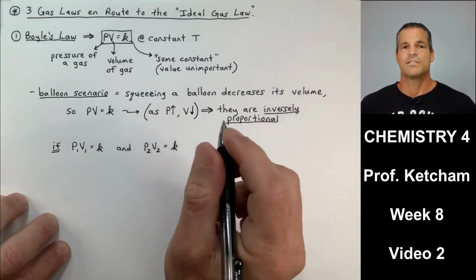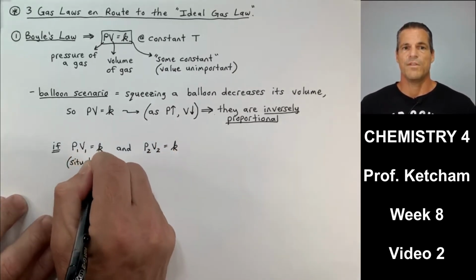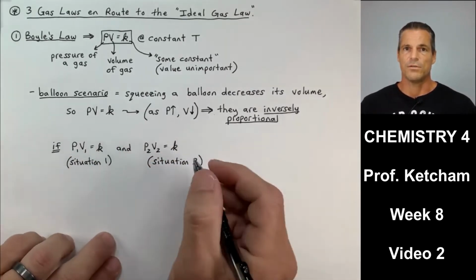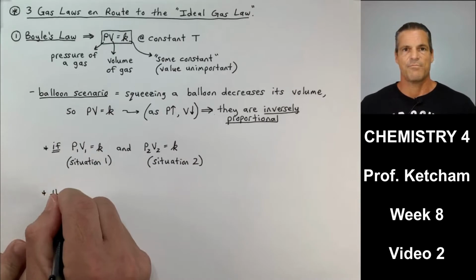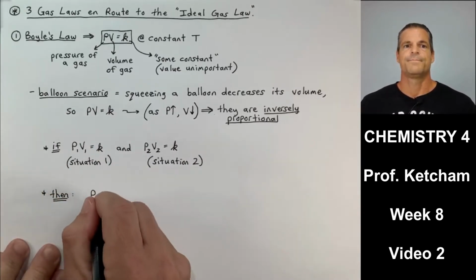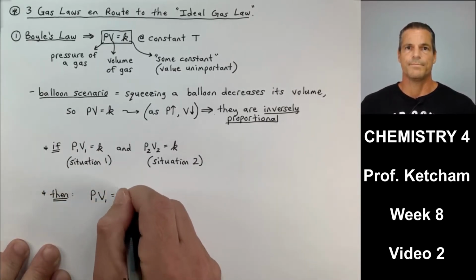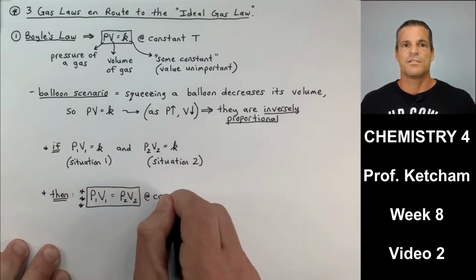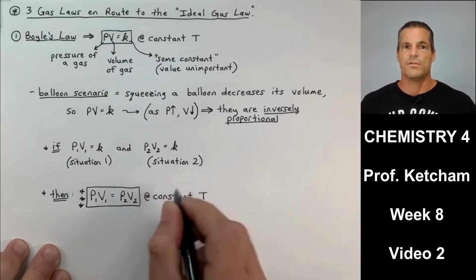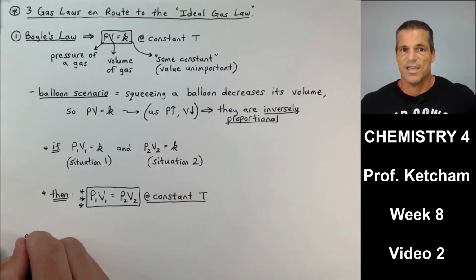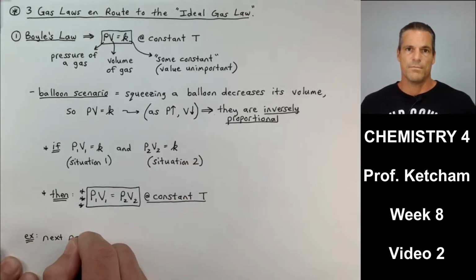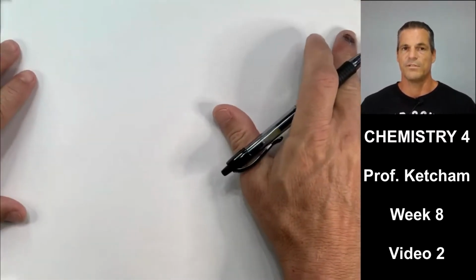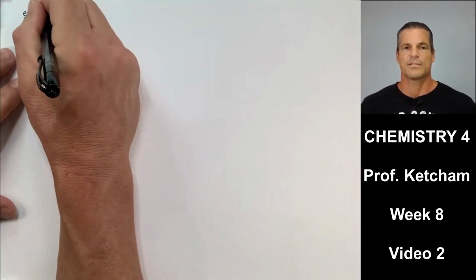If I take situation 1, P1V1 equals K, situation 2, P2V2 equals K, and I can have P3V3 and so on. But if we just take situation 1, and then we change the conditions, so now we have P2V2, they're both equal to the same constant K. So the usable form of Boyle's law is P1V1 equals P2V2. That's why I got a big box around it.